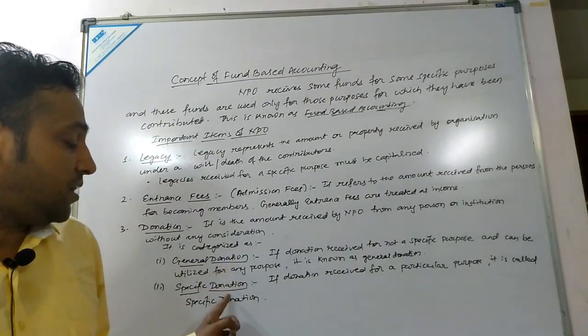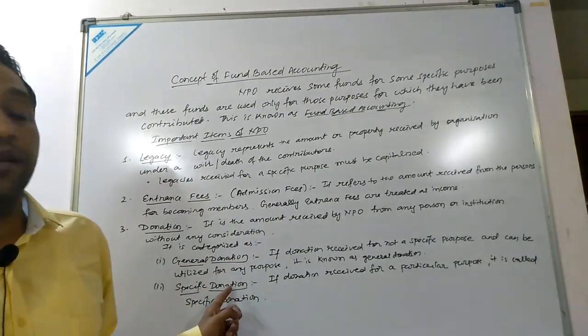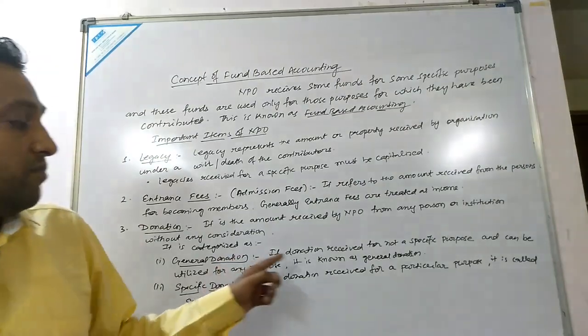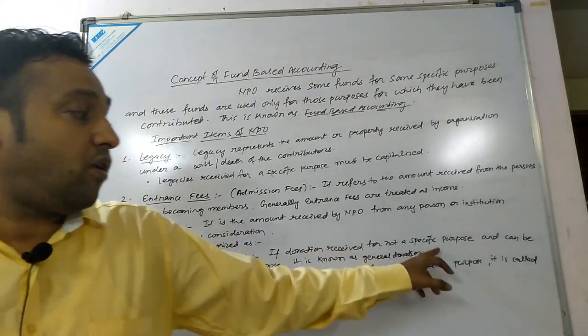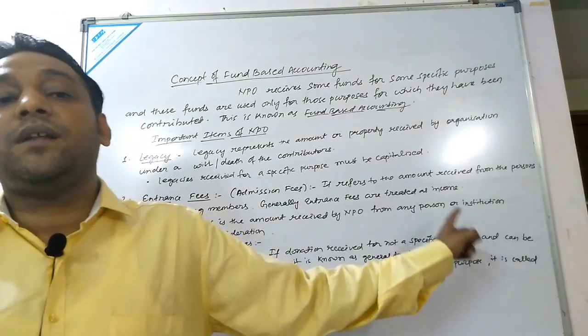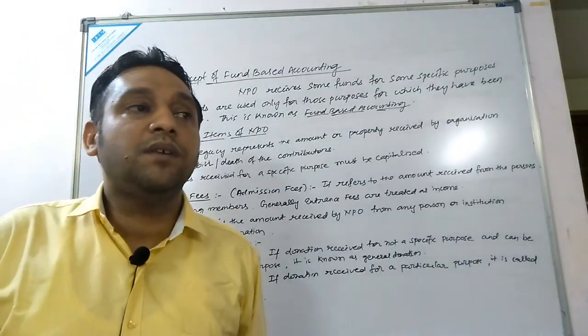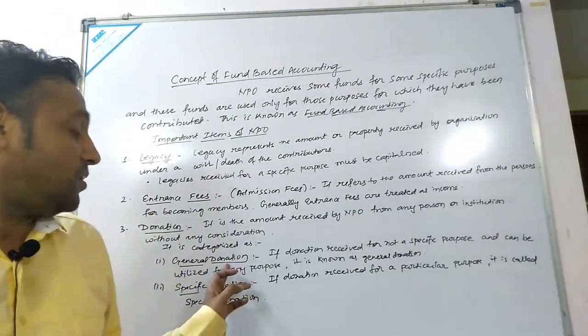And there are categorized two types of donation. One is general donation, the second one is specific donation. What do you mean by general donation? That means if a donation is received not for a specific purpose, but is used for general purpose, it is known as general donation.